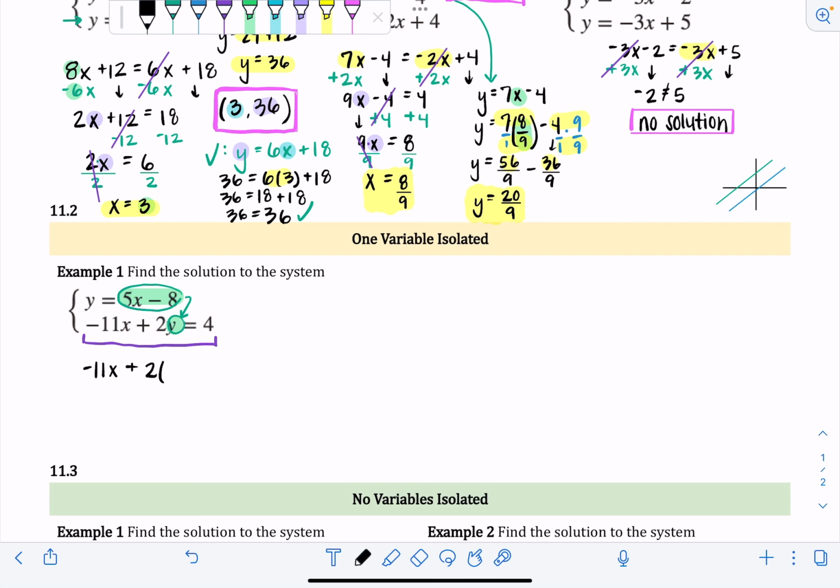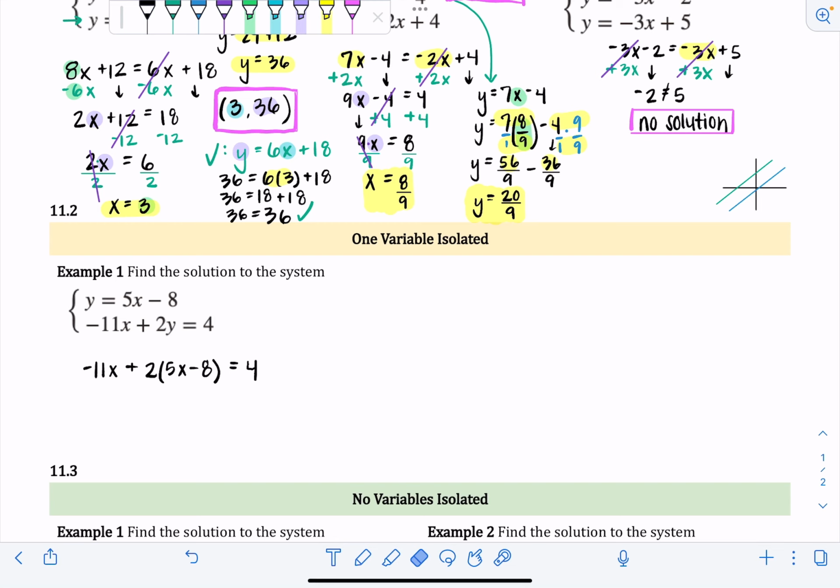So parentheses after the 2, 5x minus 8, and then close parentheses, and then the rest of the equation stays the same. So after the y in the second equation, there was the equals 4, so I'll have the equals 4 here as well.